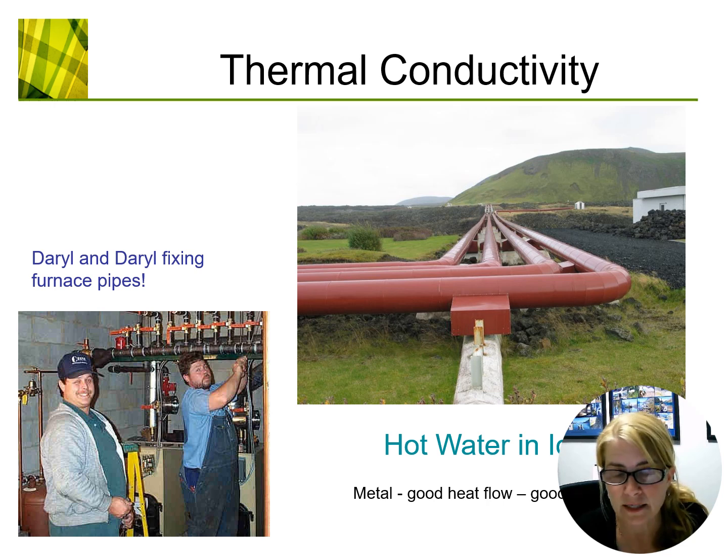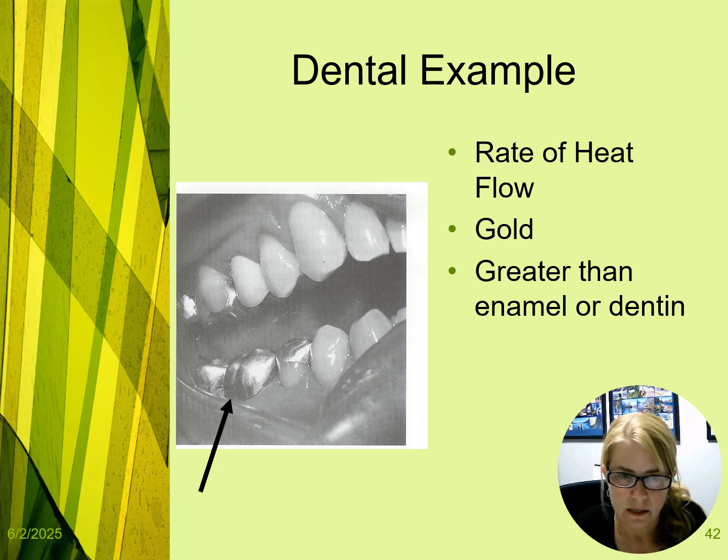So thermal conductivity has to do with the rate of heat flow and how fast heat moves through something. It moves through metal fast, plastic slower. A denture or appliance can slow heat transfer. The patient might not realize how hot something is or how hot a liquid is until it gets under a denture and scalds the patient.